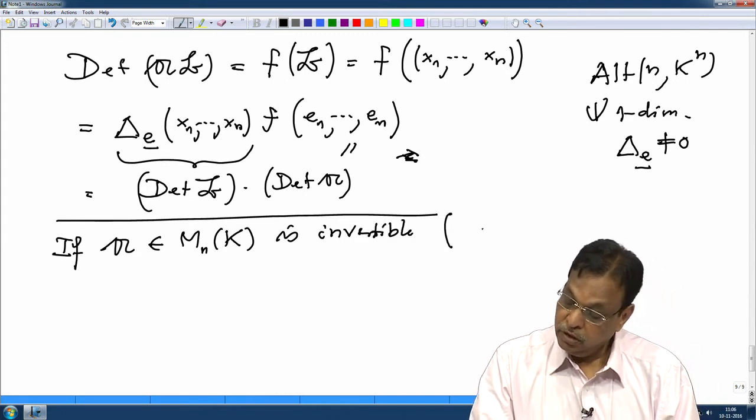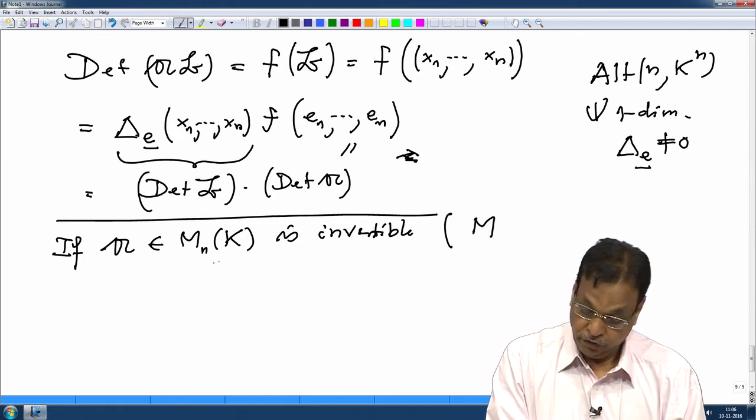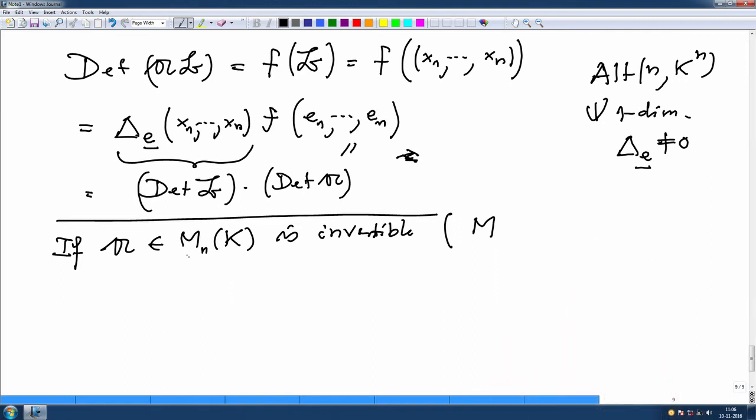Remember our notation: the set of inverses in this ring, M_n(k), which is a ring, non-commutative, but the invertible elements in this ring we denote by GL_n(k), and this is clearly a group because it consists of invertible elements in a multiplicative monoid. This group is also called the general linear group.